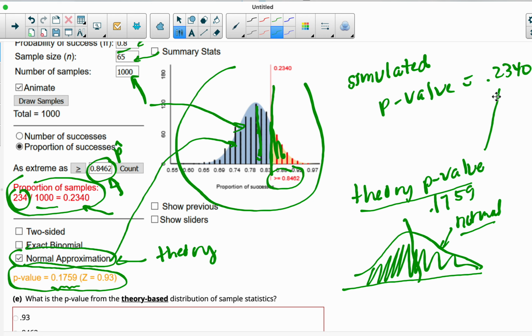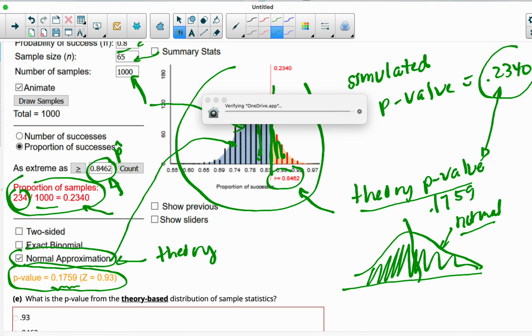So they're really coming up with the probability of getting a statistic greater than or equal to our observed statistic, but one is using this simulated approach and one is using the formulas, a theory-based approach. You can see that they're different. They're still both pretty big.